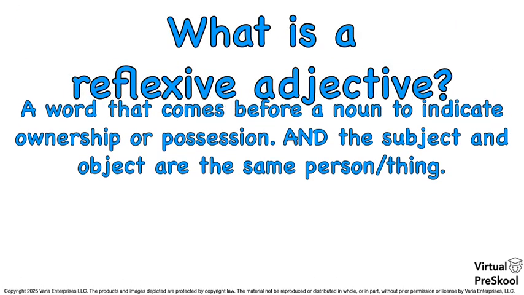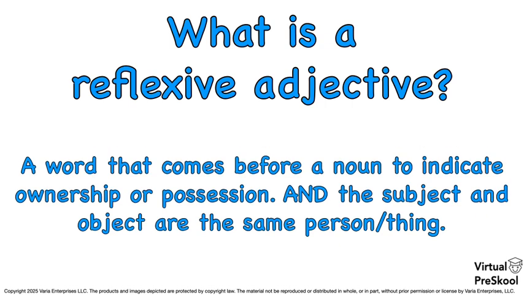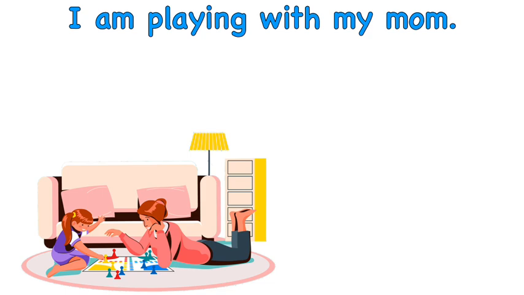It's a word that comes before a noun to indicate ownership or possession, and the subject and object are the same person or thing. So it's a two-part definition. Here's an example.